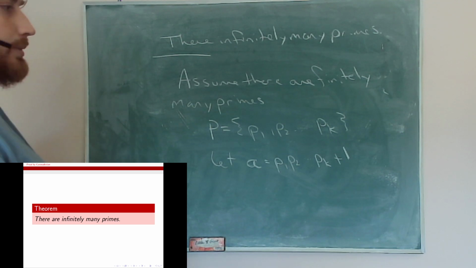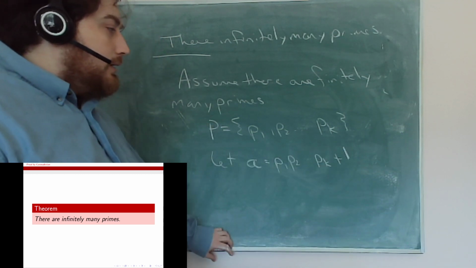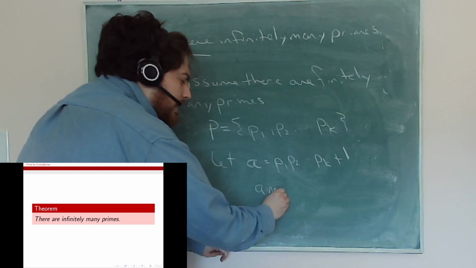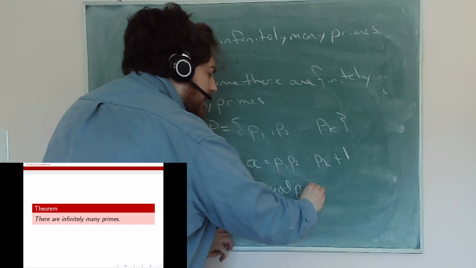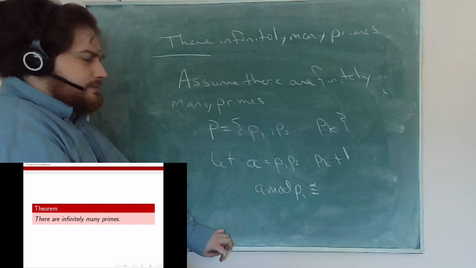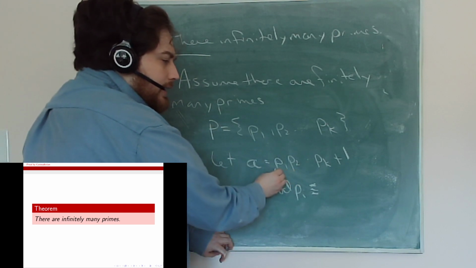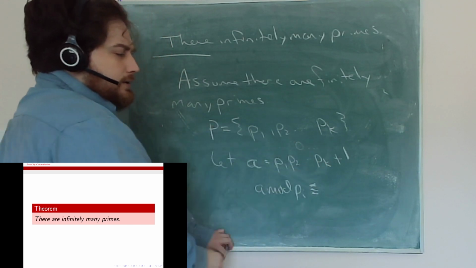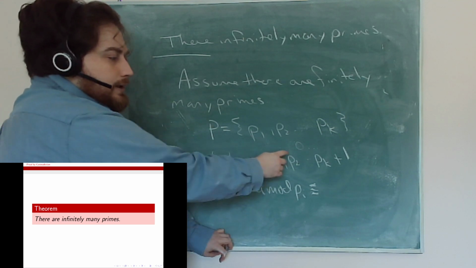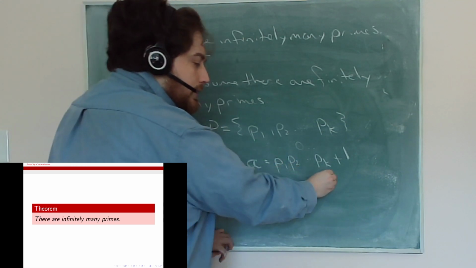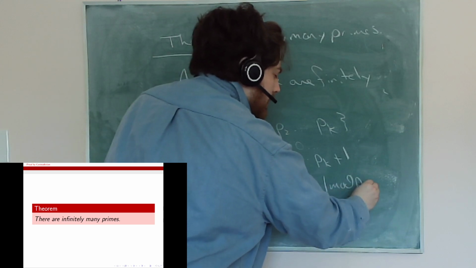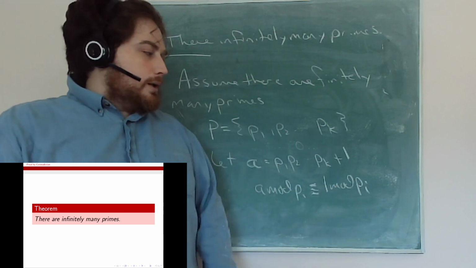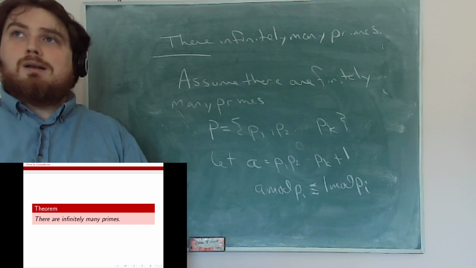If I multiply all these primes together and add 1, what is A mod P sub i congruent to for any of the primes? Well, notice that P sub i divides this term. So this term is going to be 0 times a bunch of integers in mod arithmetic. If I take 0 times a bunch of integers, I get 0, plus 1. So for all of these primes, A is congruent to 1 mod P sub i.